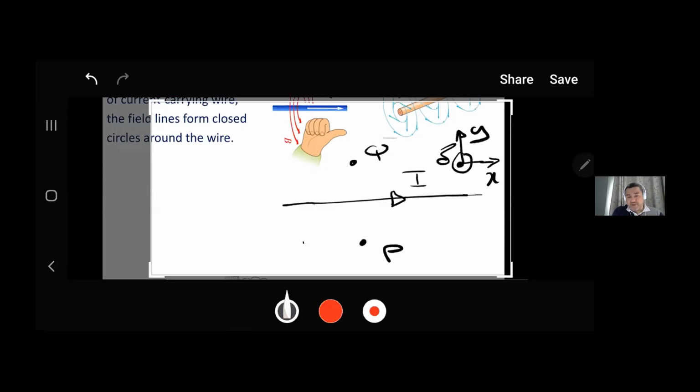Why? If you take your thumb in the direction of the current, it will be curling out of the page for Q, and for P, it will be into the screen. So this is extremely important, that you know the differences. This is all based on how those magnetic fields are circulating around that wire.